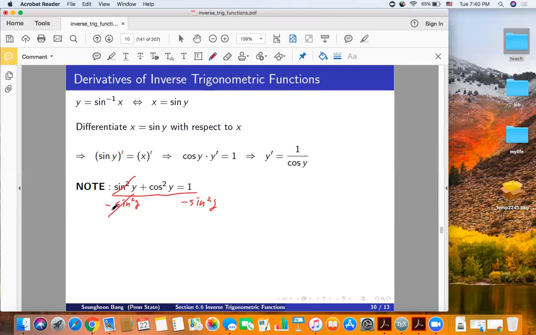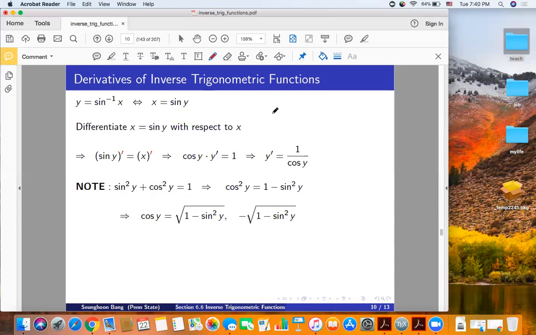Cosine squared y is 1 minus sine squared y. Like this. Next, take the square root. Cosine of y is the square root of 1 minus sine squared y, or negative square root of 1 minus sine squared y.